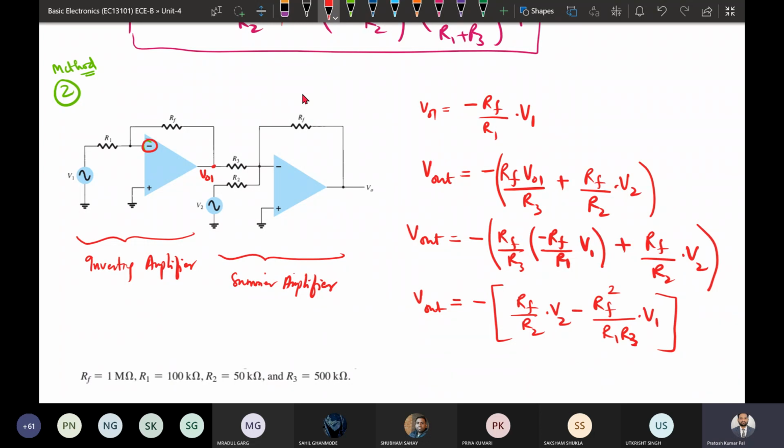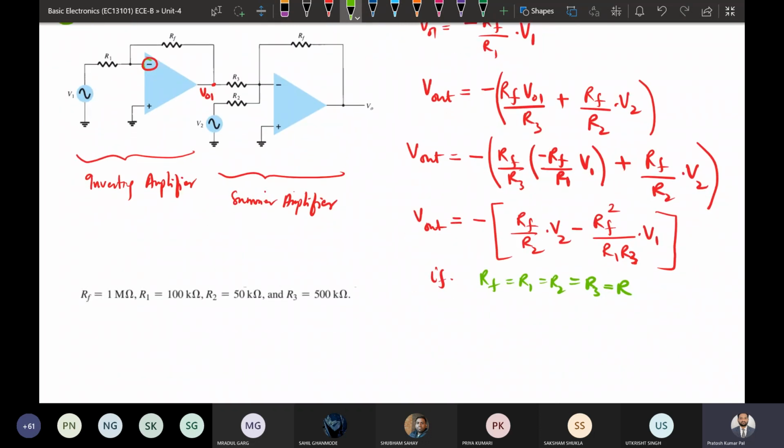From there we can see V output is minus times V2 minus V1 concept. Suppose all the resistances are equal, that is RF equals R1 equals R2 equals R3 equals R. By putting the resistances we get V output equals minus RF and R equal, so V2 will remain. The R square divided by R square will be 1.